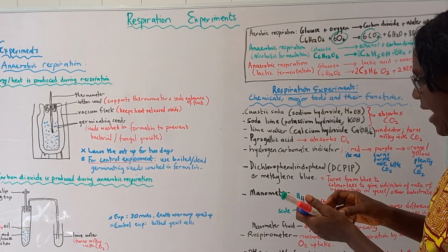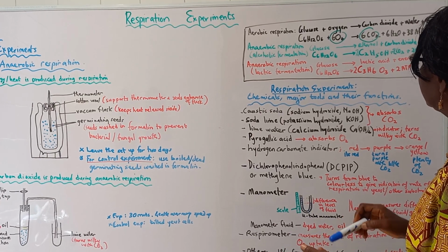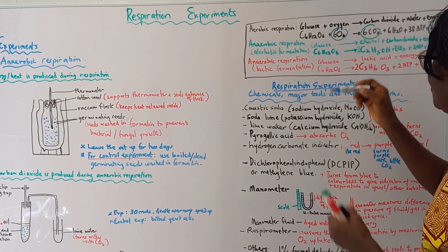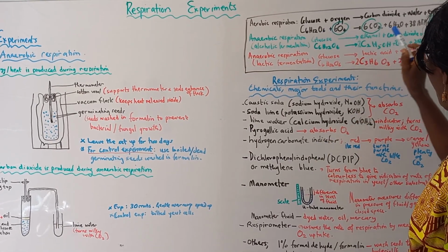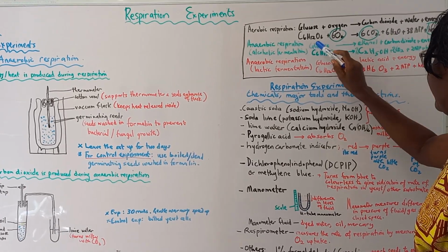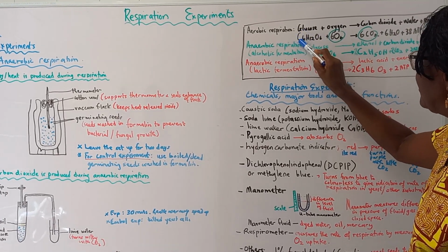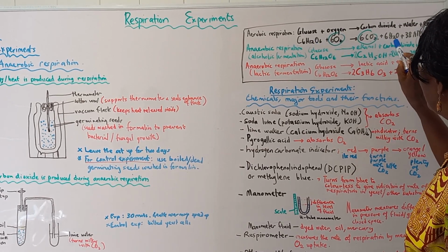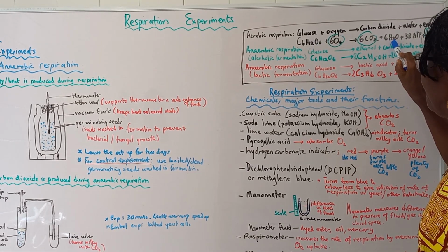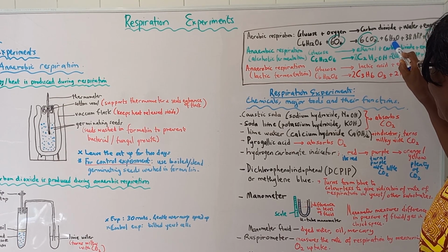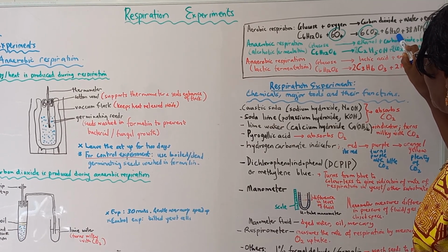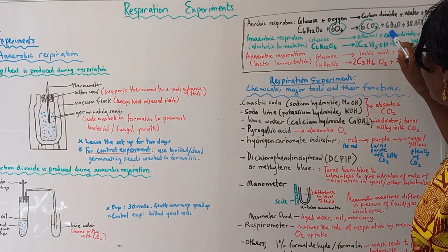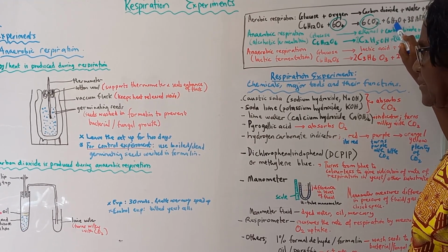Now, one will ask, why don't we test and prove that glucose has been used up or water is produced? It's difficult to find out how much glucose is used up in an organism, and it's also not wise to find out water evolved during respiration, because even non-living things, when they are wet, have water.